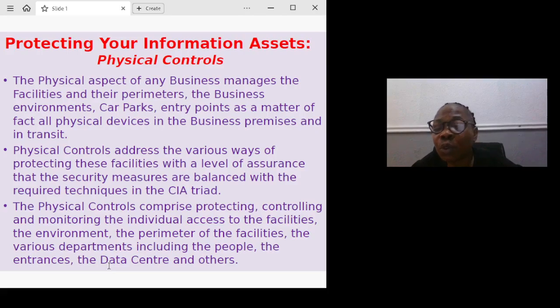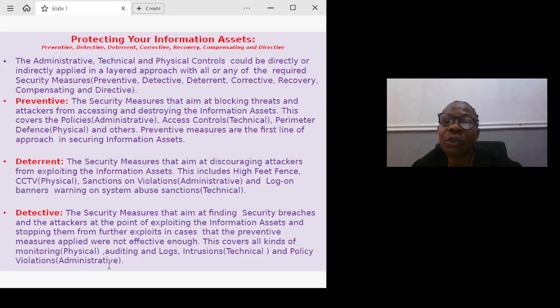And then your physical controls, like I said, the first line of control, comprises all that you put in place to protect, control, and monitor the facilities, your environment, the perimeter of the facilities and all that.